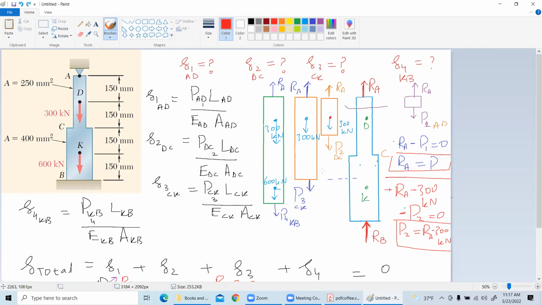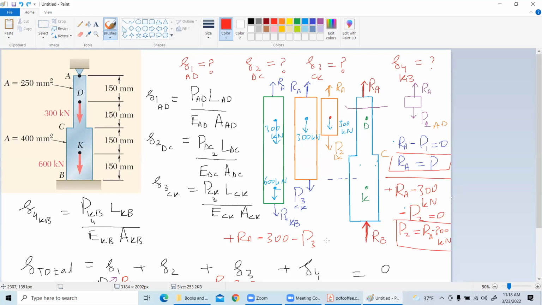No, let me do it for you. When you use this one, it's RA minus 300. So it is plus RA minus 300 minus P3 equal to 0. You can mute the mic, please. You can always unmute the mic whenever you have a question, but if you have joined the class, I would really appreciate it. Thank you.